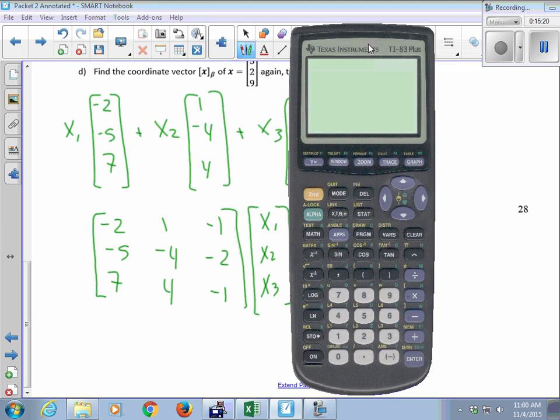All right, so to get the inverse of that matrix, I go into matrix here. I put in a 3 by 3. -2, 1. No, 3 by 3. -1, -5, -4, -2, 7, 4, -1.